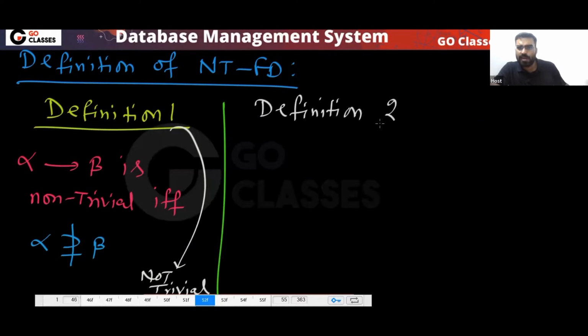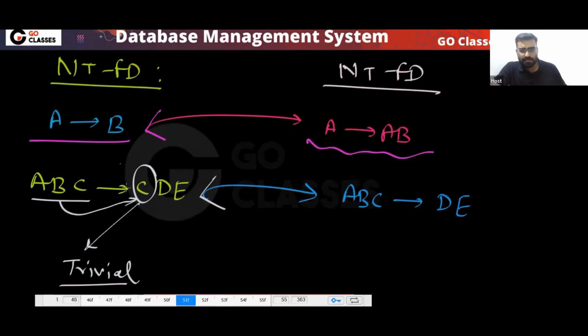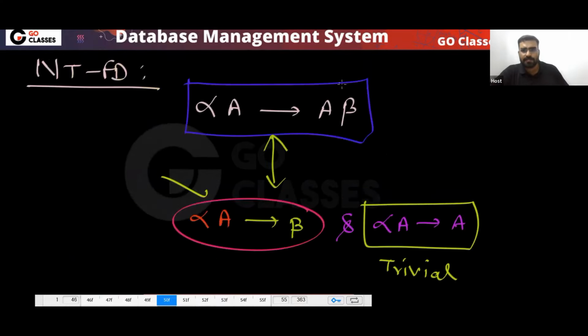In definition two, if LHS and RHS have something common, then you can remove that common part from the RHS. Like here, they have something common, and you can remove this common part from the RHS. Is this clear?